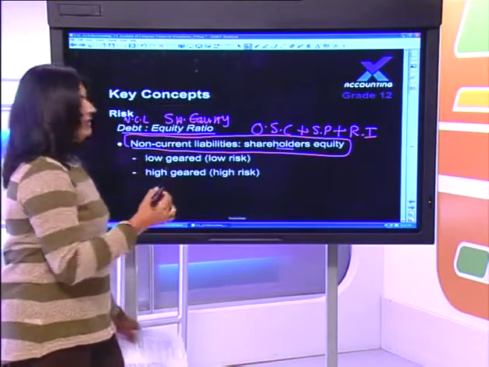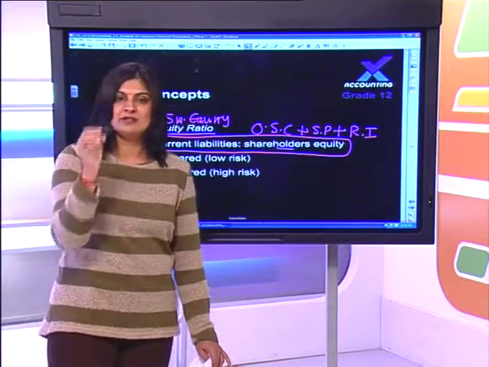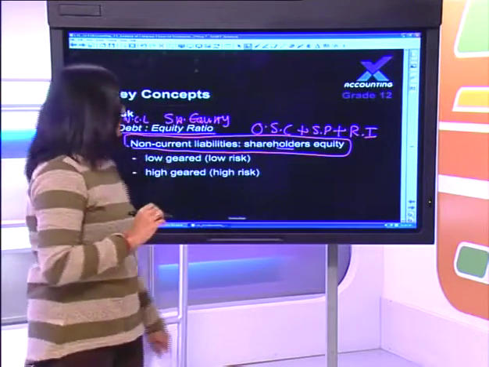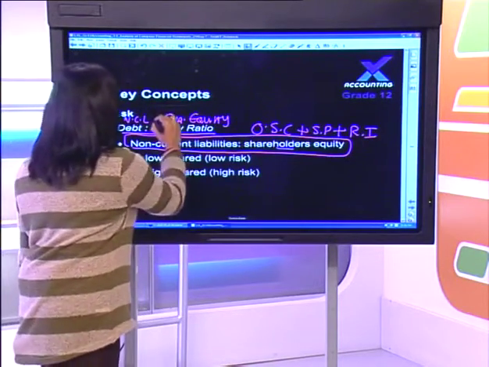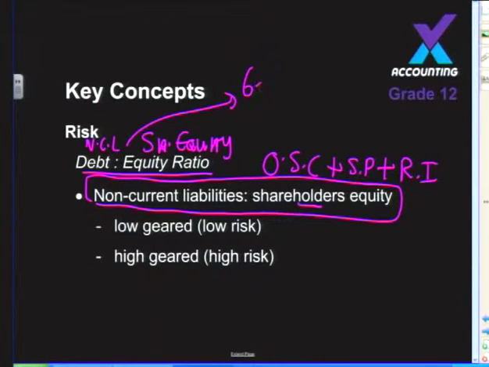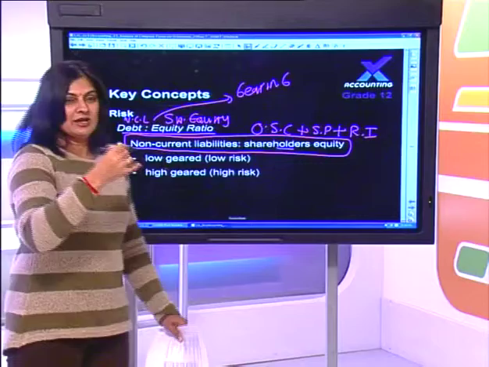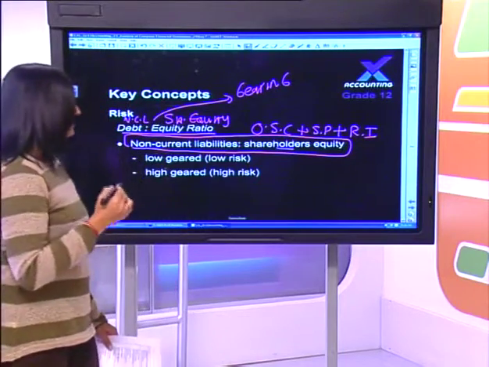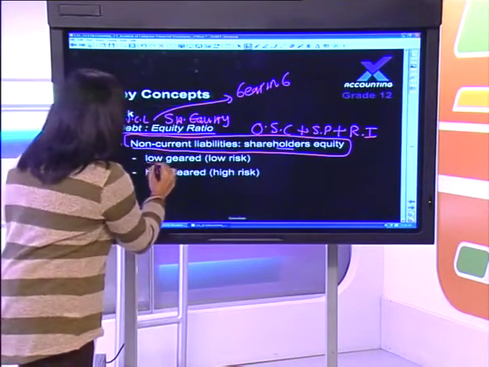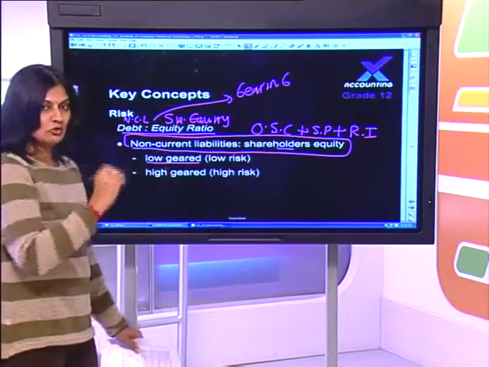Now, also, when we're looking at this ratio, another term that you may have already come across at school is the concept of gearing. When we talk about gearing, we're not talking about cars. Definitely not. But here, in accounting, when we refer to gearing, we're simply establishing, is the business low geared?